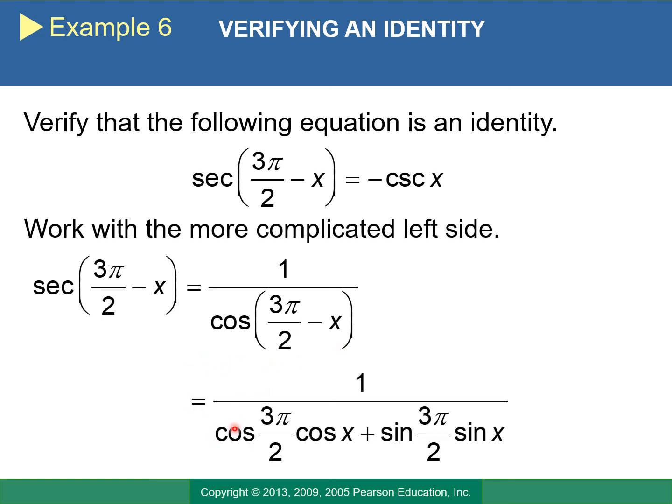Okay, so I'm going to just use A and B so you can see it. Cosine A times cosine B plus sine A times sine B, where A was 3 pi over 2 and B is x. Okay, and we know 2 of these values. So the cosine of 3 pi over 2 and sine of 3 pi over 2, we know both of those from our unit circle.